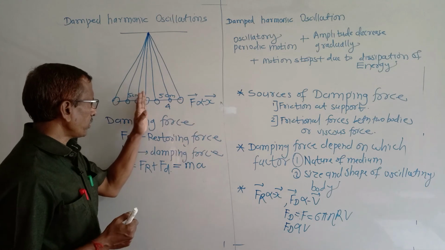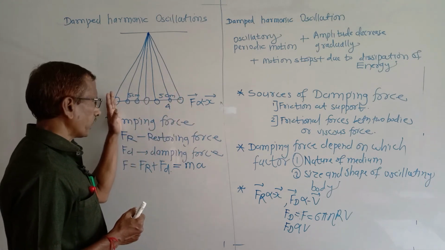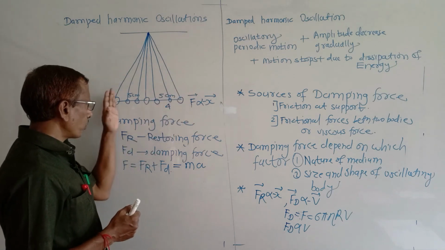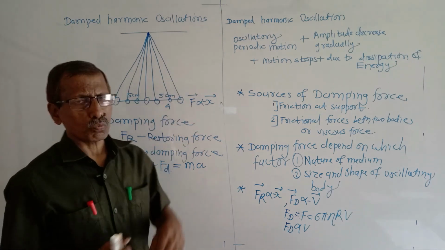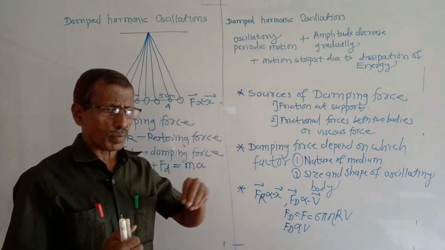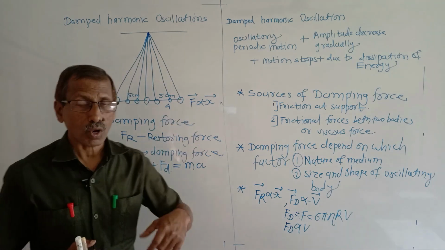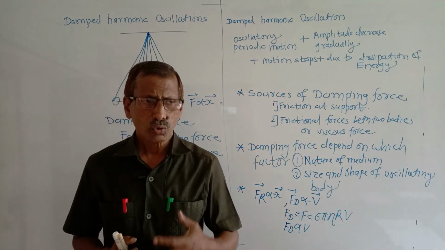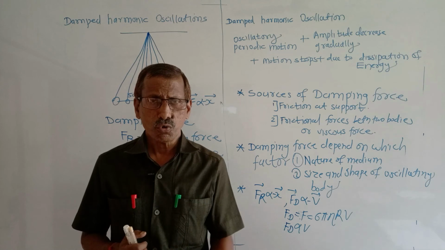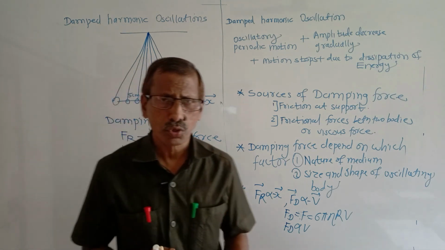Suppose this bob moves 5 cm from here and comes to this position. After that its amplitude decreases. So we have to give such an amount of force, such an amount of mechanical energy, so that the amplitude remains constant. So we have to use a periodic force. We have to apply an external periodic force.